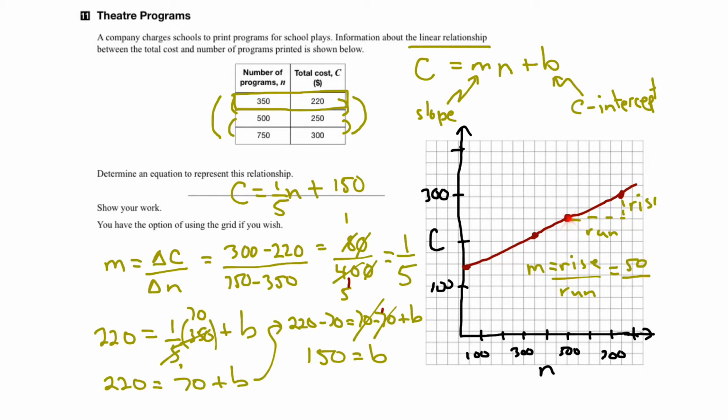And to get from 500 to 750, that's a run of 250. So if we simplify this, the zeros cancel out, 5 goes in there once, 5 goes in there 5 times, we have a slope of 1/5. And so we've confirmed our m value. Therefore we know the answer is c equals 1/5 n plus 150 as the equation of this relationship.